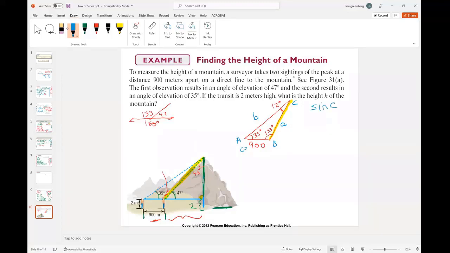So I can use the sine of C over C is equal to the sine of A over A. And the sine of C is 12 degrees over 900 is equal to the sine of A, which is 35, over A, which is what I'm trying to find.